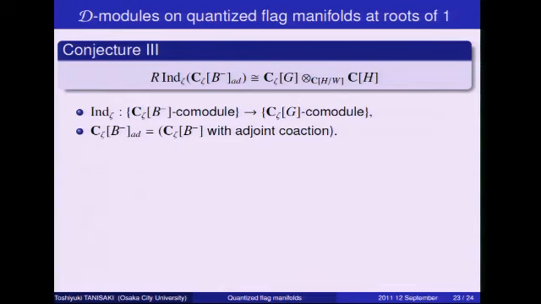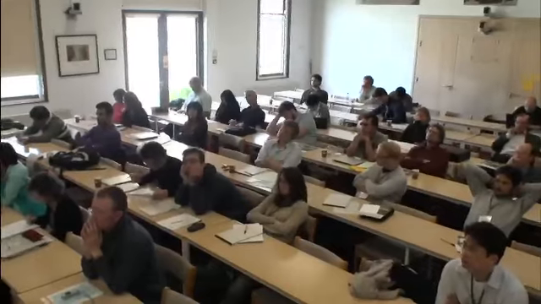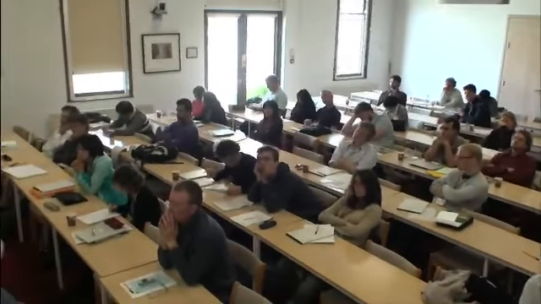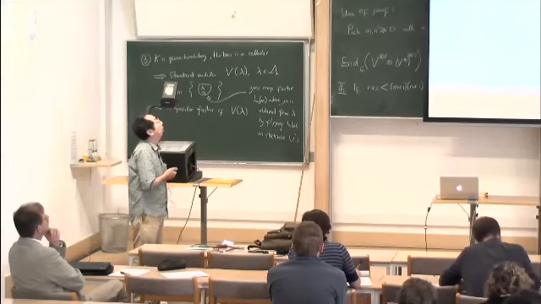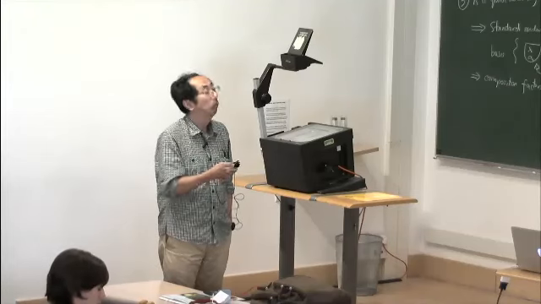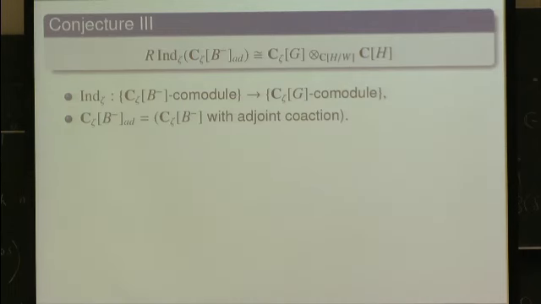Applying the derived induction functor to C zeta B minus, an infinite dimensional C zeta B minus comodule with respect to the adjoint action, this should be isomorphic to this one. This is equivalent to conjecture 2. So if we can prove this conjecture, then everything is fine, but I don't know how to prove it.